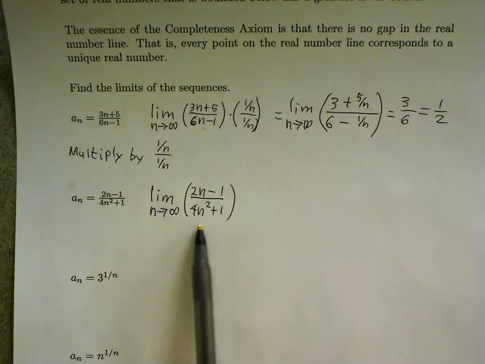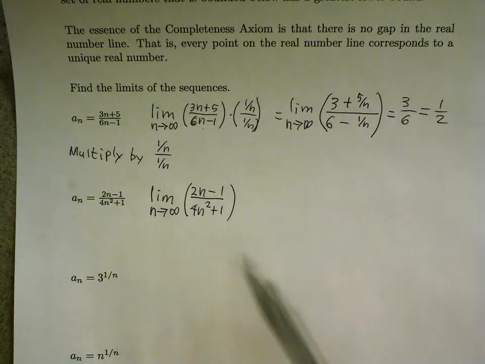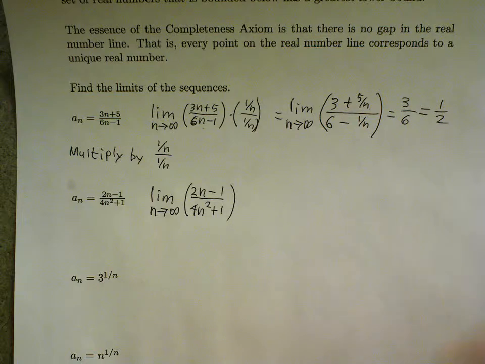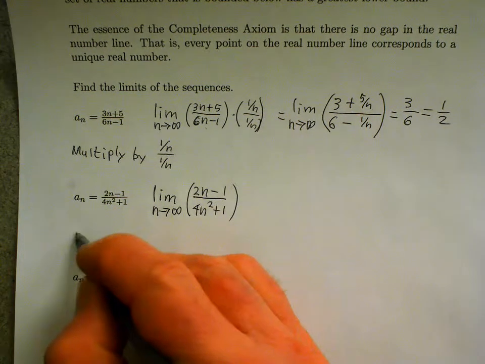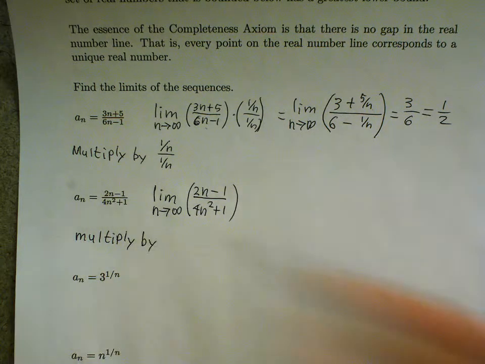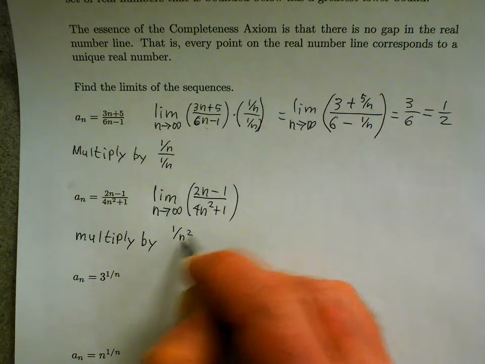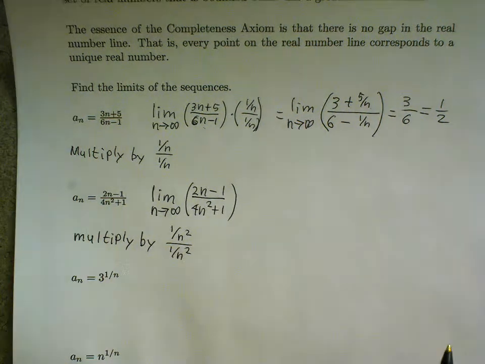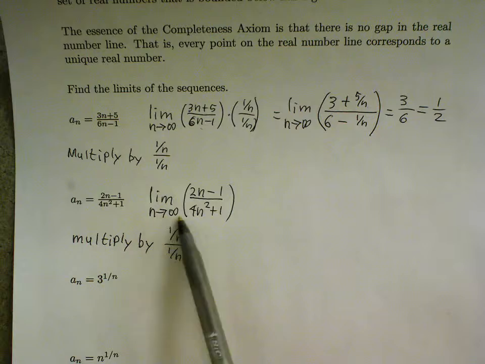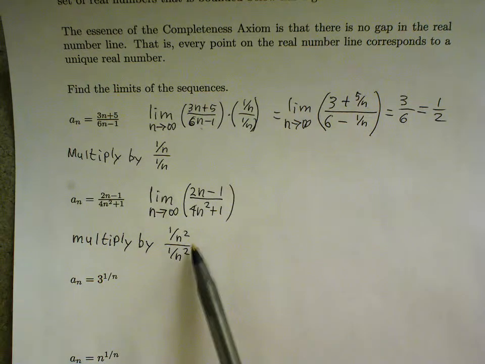Okay, so in the denominator, the largest power of n is n squared. So first note, this is just a rational expression in the variable n. So if we multiply by 1 in the form 1 over n squared over 1 over n squared, note that that's a perfectly fine thing to do because we're assuming n is going off to positive infinity, so we're not in danger of dividing by 0 or anything.